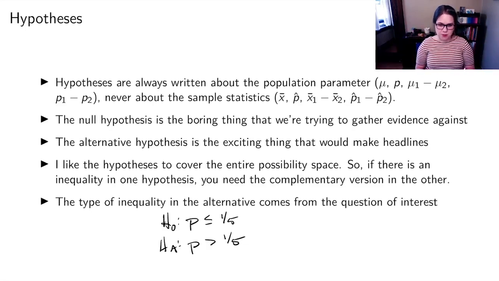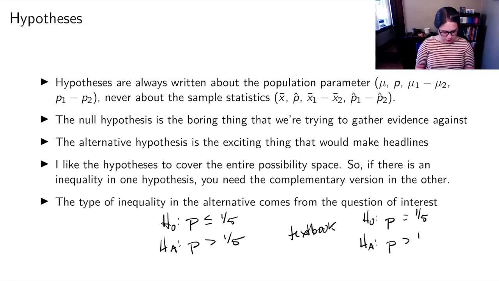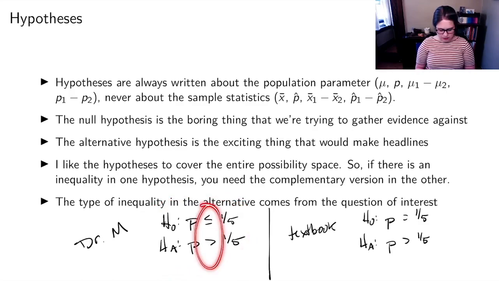I'll say that the textbook doesn't always do it this way. In the textbook, the null hypothesis is usually with an equal sign. So it would say p equal to 1/5, and then the alternative would be something like p greater than 1/5. So over here is what Dr. M prefers, and over on the other side is what the textbook does. If you are writing something for an exam, I'd like to see it this way, where it covers the entire space.